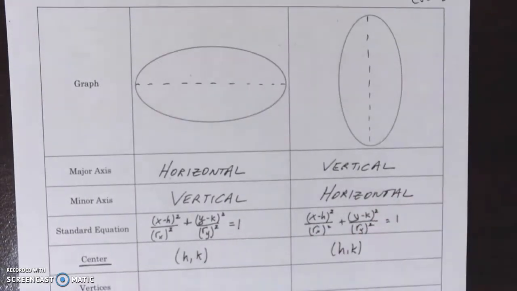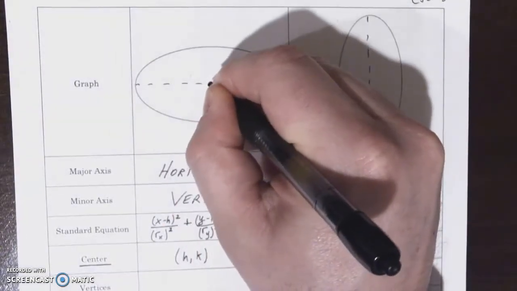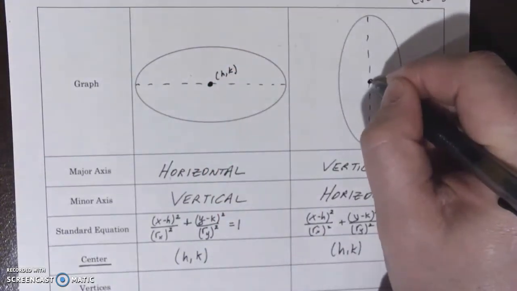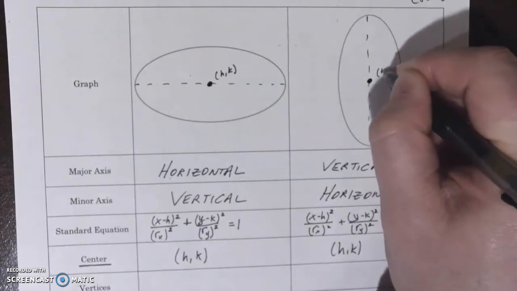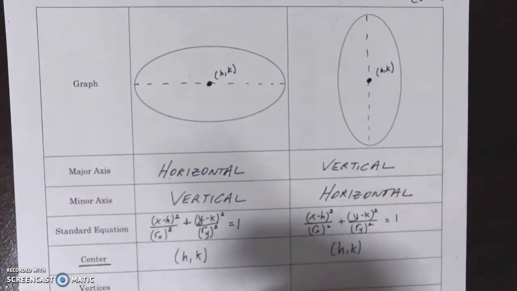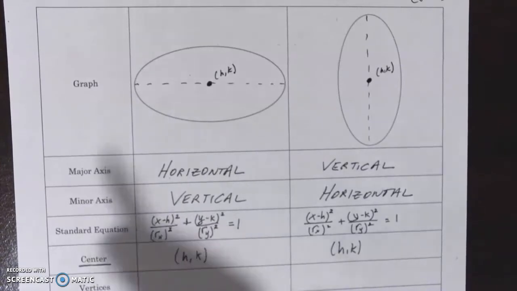That's going to be exactly the same no matter whether we have a horizontal major axis or a vertical major axis. So let's kind of just estimate here the center of these ellipses would be at the point h comma k. All right. Now take note that there are minuses in the general equation, so obviously we're kind of thinking opposite of the sign. All right. If there is no h or k value and we just have x squared and y squared on top, obviously the center would be at 0, 0.